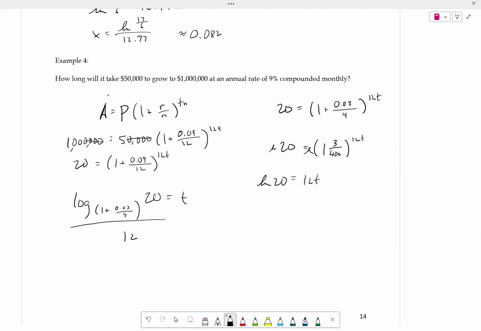Nice. Okay. Yeah, now we divide both sides by whatever we don't want. So ln of 20 over 12 ln of 1 and 3/400ths. Mixed numbers are just strange, aren't they, to use once you pass algebra 1. Let's rewrite that as 403/400ths.